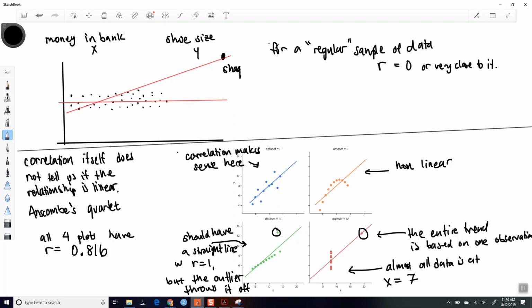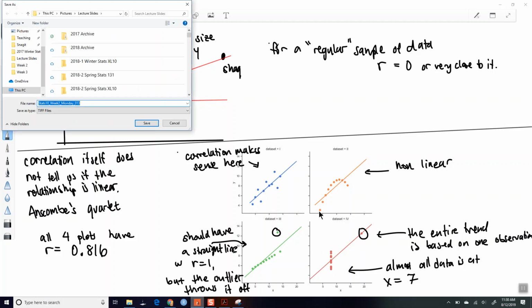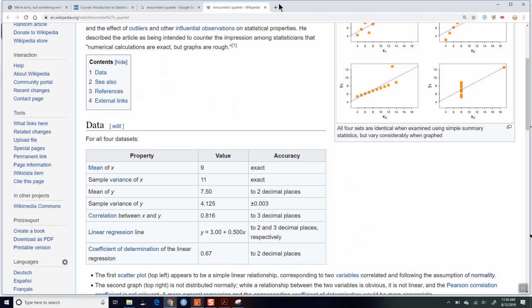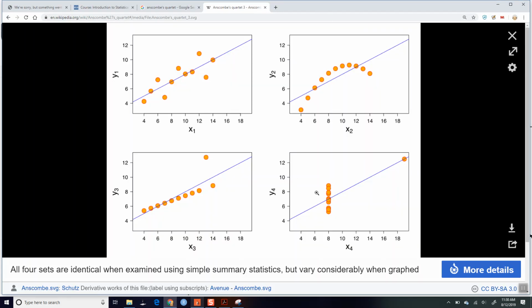Okay, so this last plot down here, let me just switch over to the Wikipedia page. For this last one, pretty much everyone's observed around here, and then you've got one unusual observation. This is not the example, but it would be like you interviewed a bunch of people and asked, how many fingers do you have, and how much money do you have? You get a whole bunch of people with 10 fingers, and they have varying amounts of money.